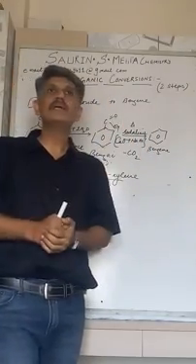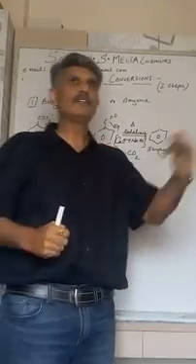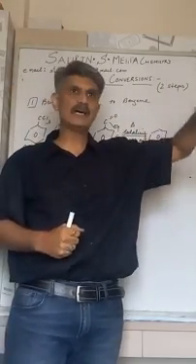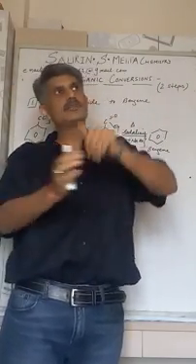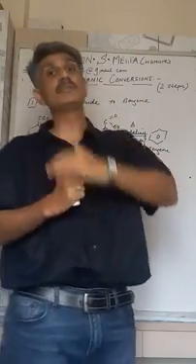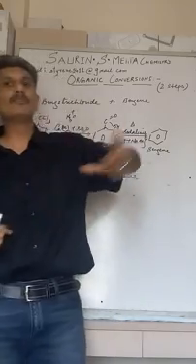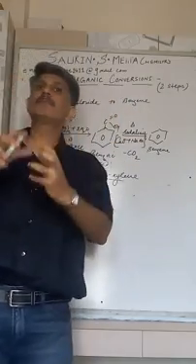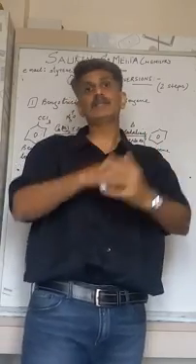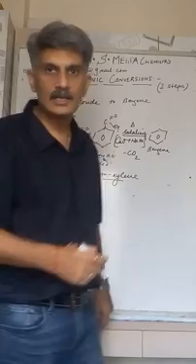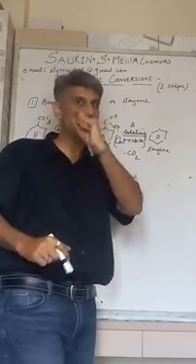We try to think in another way that okay, if it is meta, such and such groups are there, if it is ortho, para, so and so groups are there, and so we get onto that track. But there are a few exceptional cases where you don't have to worry much with respect to the existing groups, but there is a protic catalyst which will direct the incoming group. I think now you have come to the senses of what I am trying to say.